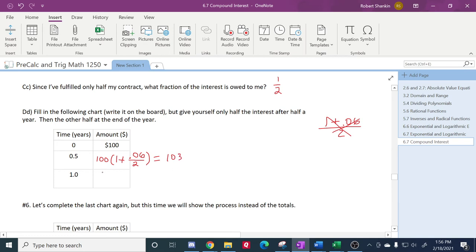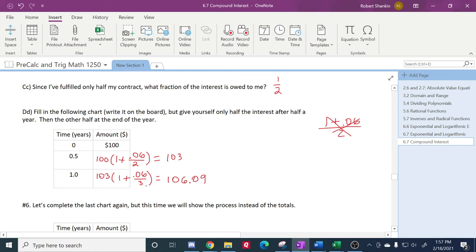Now 103 is what you start the second part with. Now you're due the other half. And when you multiply this together, 1.03 times 103, you wind up getting 106.09.